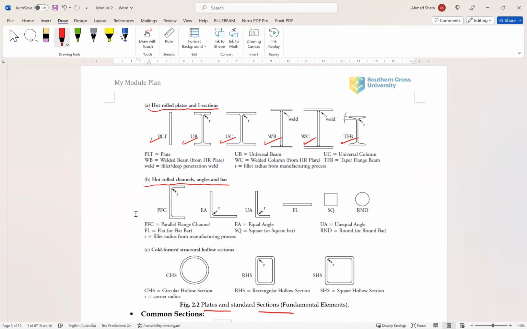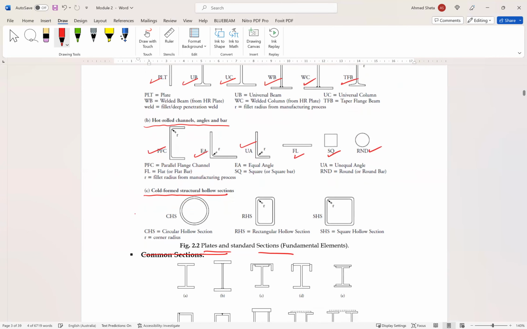So we have parallel flange channel, equal angle, unequal angle, flat bar or flat, square plate, round plate, or round bar. So all of these are examples of hot rolled. We have also some examples of cold formed steel, like circular hollow section, rectangular hollow section, and square hollow section.